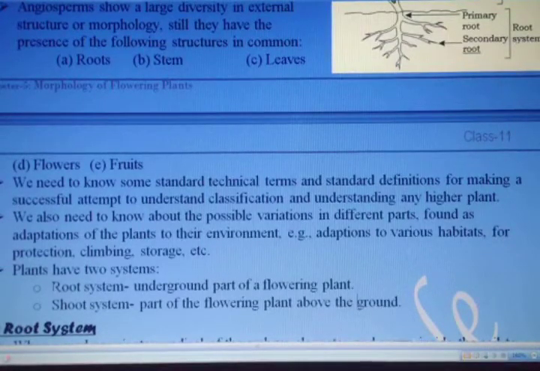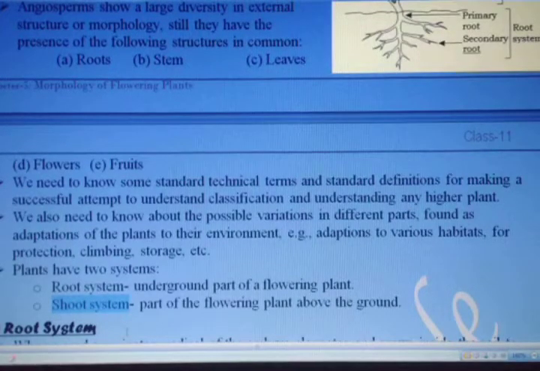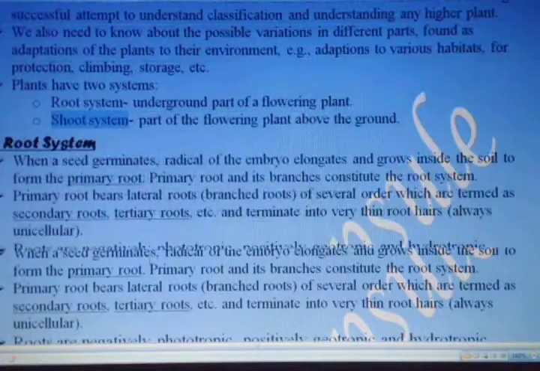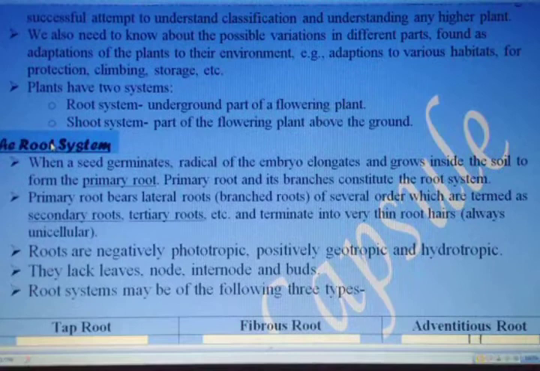Once again, the underground part is the root system, and whatever part is present above the ground forms the shoot system. Now we will discuss one by one the root system and the shoot system. First let us see the root system here. And this root system I am going to include in the next video. Thank you.